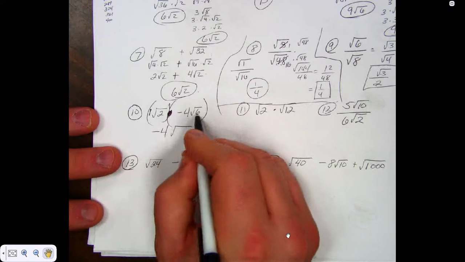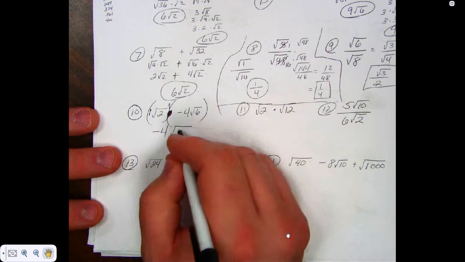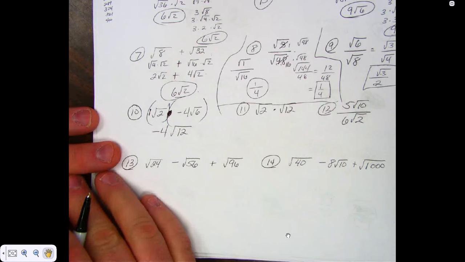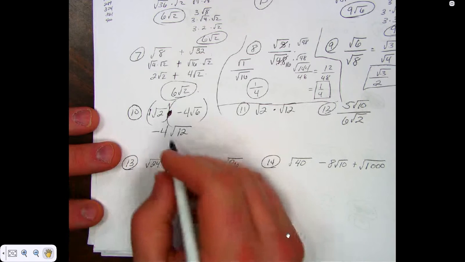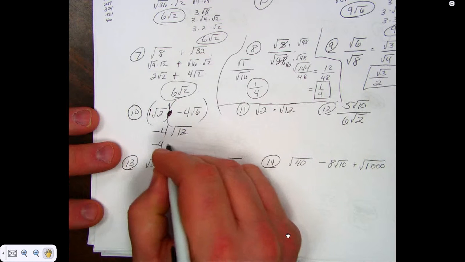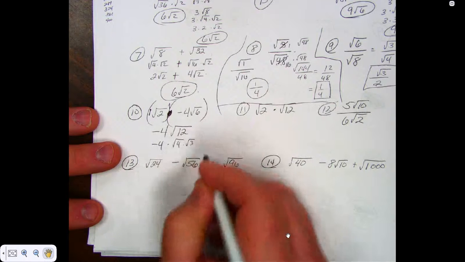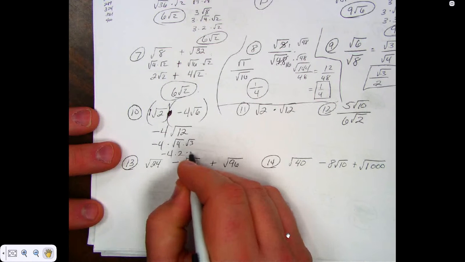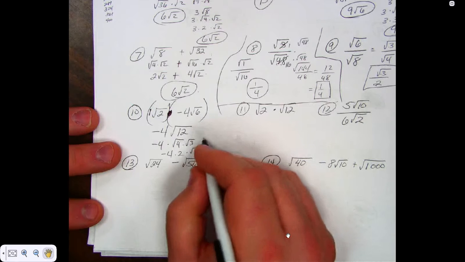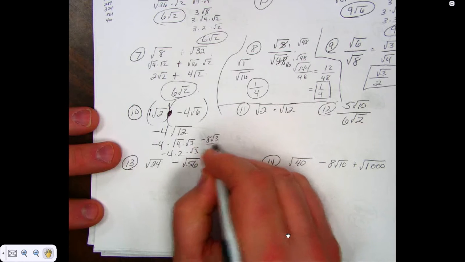Square root of 2 times square root of 6 is square root of? Is that simplified? I need to break it up into square root of 4 times square root of what? What's the answer? Negative 8 square roots of 3.